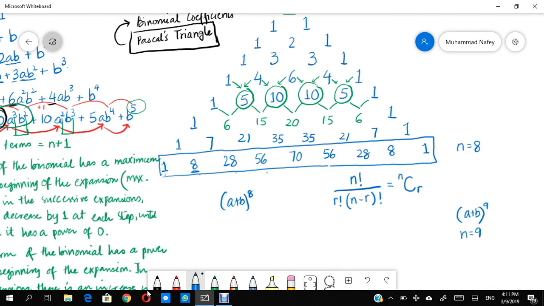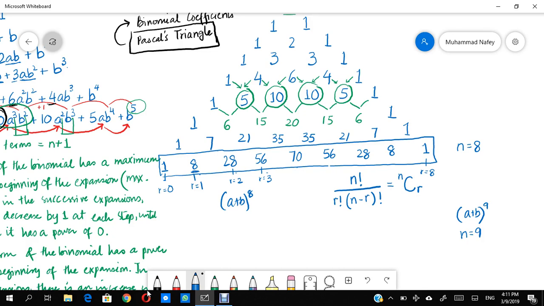So this would be r equal to 1, this would be r equal to 2, this would be r equal to 3, and this would be r equal to 8. This is r equal to 0. So if I want to find the fifth term in the expansion of (a + b) to the power of 8, what would be r? It would not be 5, it would be 4. Why?